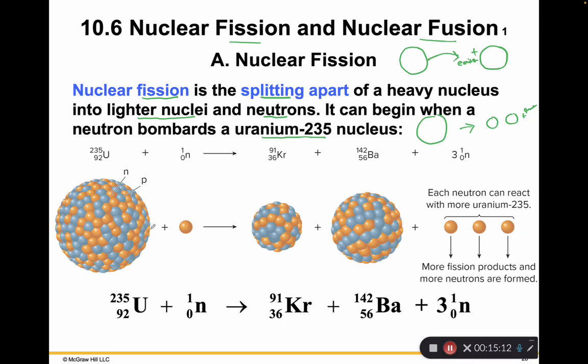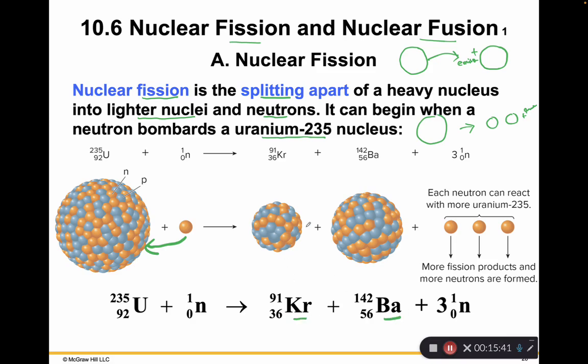Let's see this example. We have a very heavy nucleus, uranium-235. To induce such a reaction, we need to bombard the uranium with a neutron. When this neutron comes and hits the uranium, the nucleus of the uranium will split into krypton and barium.